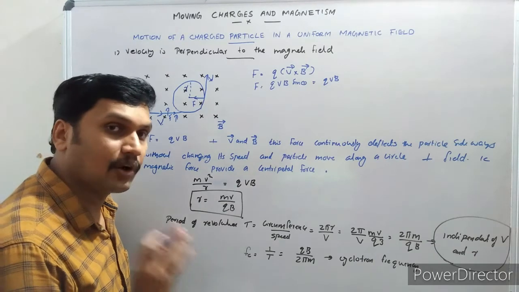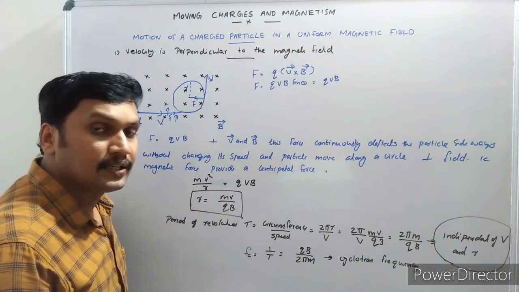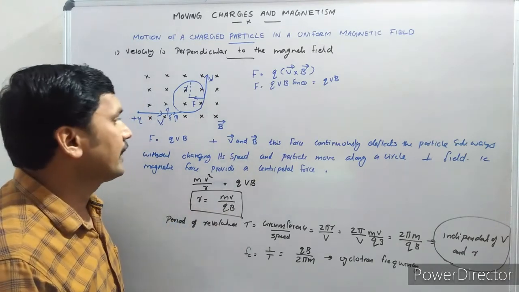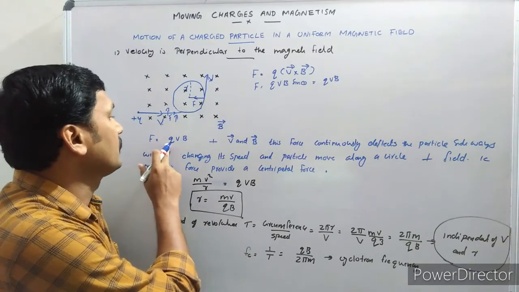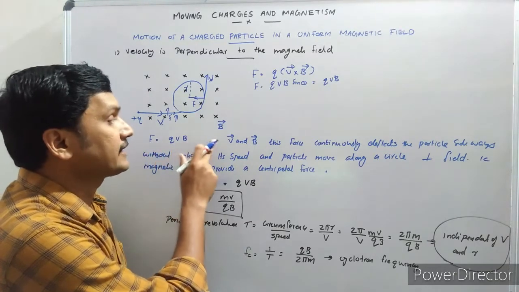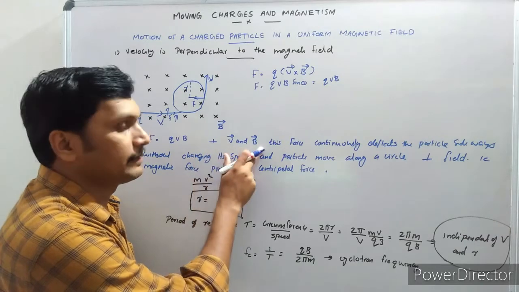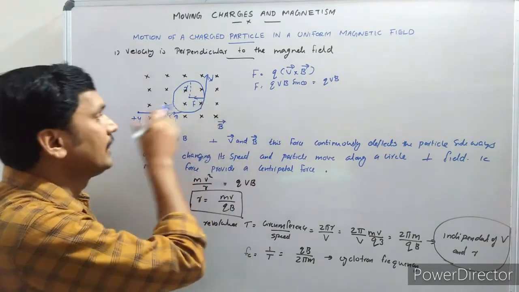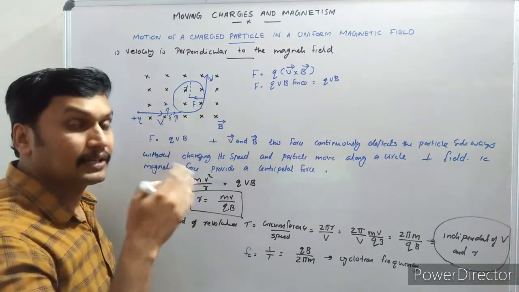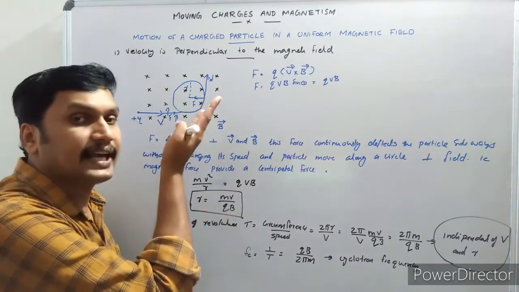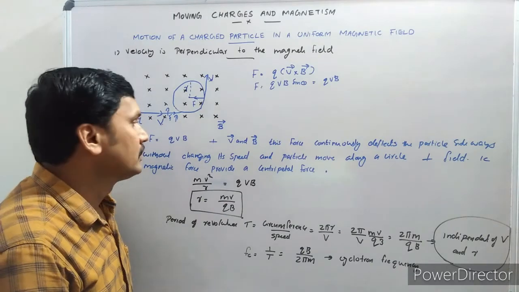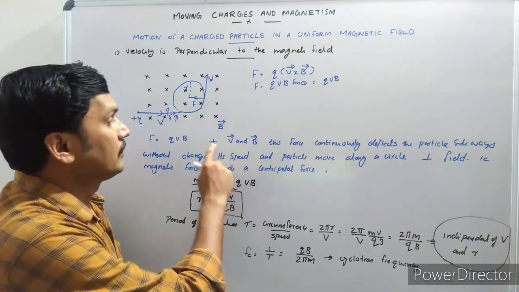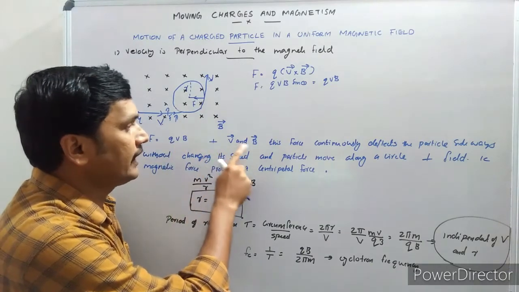A force F = QVB acts perpendicular to V and B. B is perpendicular to this board and this is the direction of V. But the force is acting in the upward direction, so the force is perpendicular to V and B.